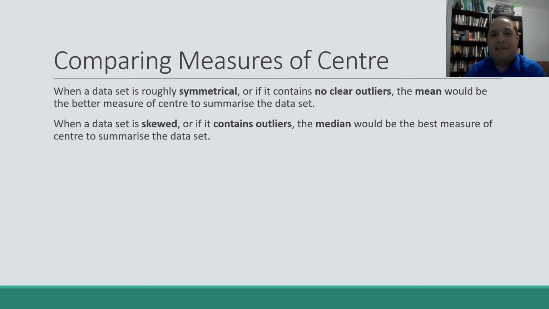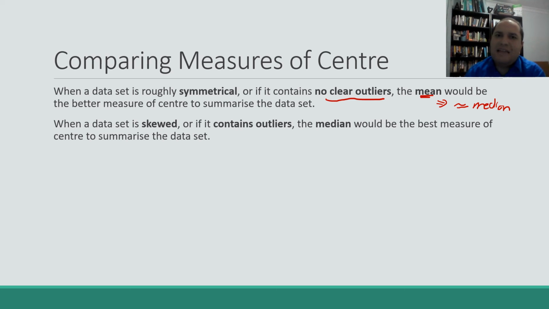To summarize then, when a data set is roughly symmetrical, or if it doesn't really contain any clear outliers, the mean would be the best measure of center to summarize a data set. If it's symmetrical, if there are no clear outliers, the mean should be pretty close, or approximately equal, to our median.